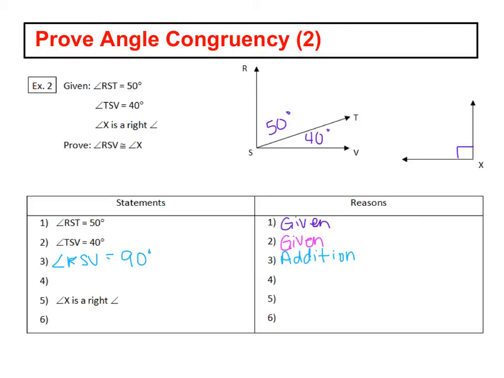All right. So now that RSV is equal to 90 degrees, what do we know about 90-degree angles? Well, we know that they're called right angles. So we can say angle RSV is a right angle.